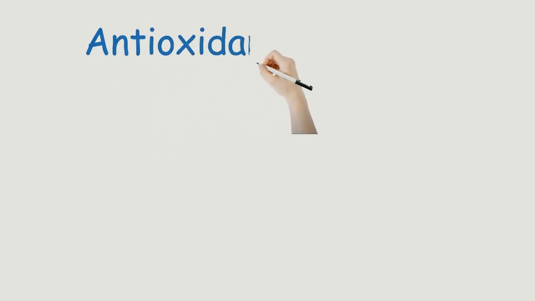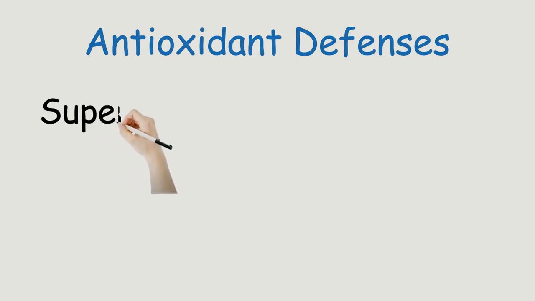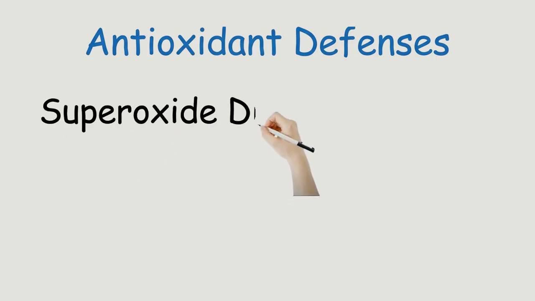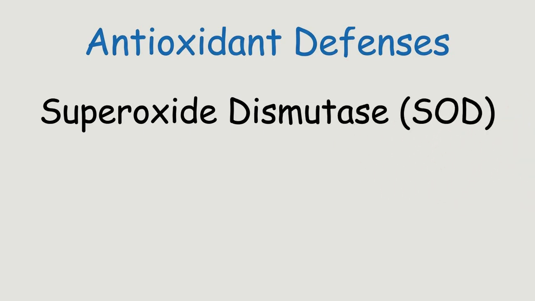The body isn't defenseless. There are layered antioxidant systems that intercept ROS at every step. First, enzymatic defenses. Superoxide dismutase converts superoxide into hydrogen peroxide. There are 2 main forms, copper-zinc superoxide dismutase in the cytoplasm and manganese superoxide dismutase in mitochondria.